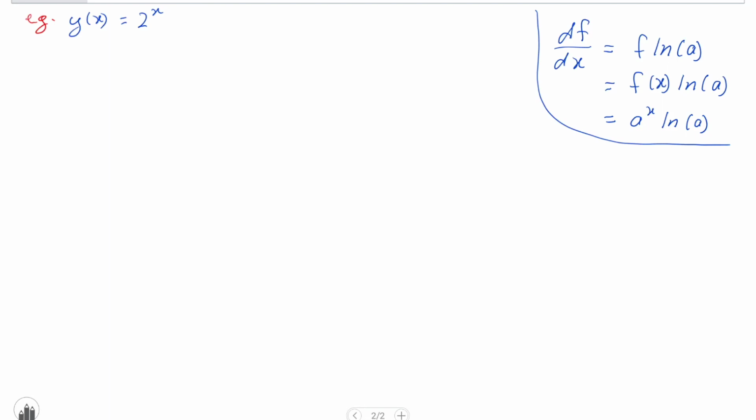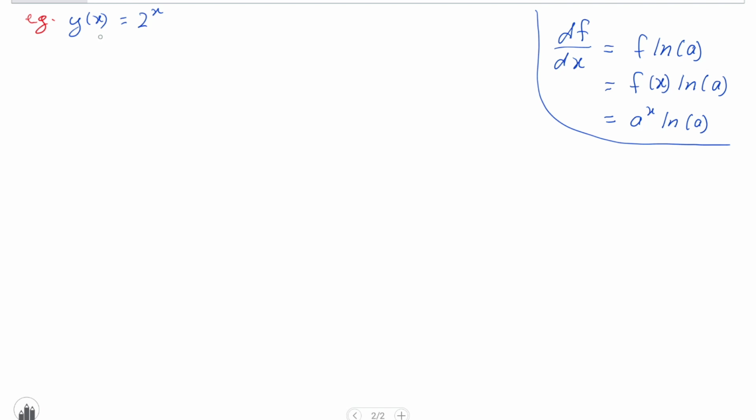Okay, so hopefully in the last video you were able to follow along with the rule that we established from earlier. Now we're going to do a more concrete example where instead of just having a value of a, we now have a value of 2. When you are differentiating these types of functions, it's very much the same as we have done before.